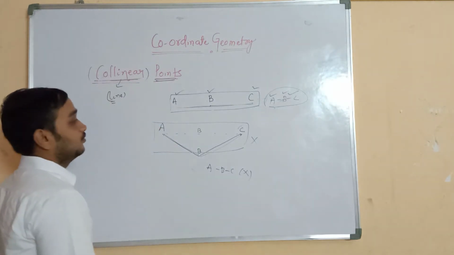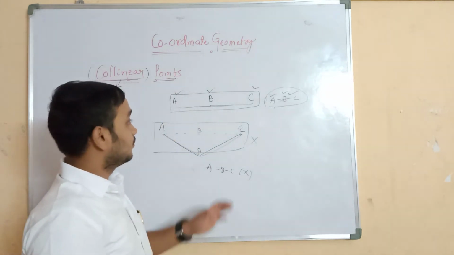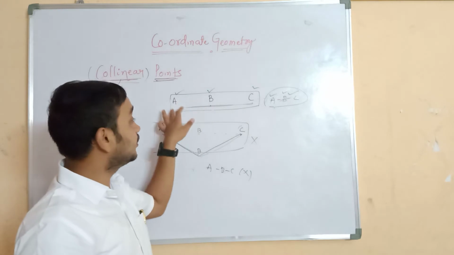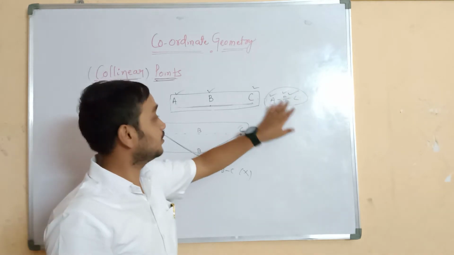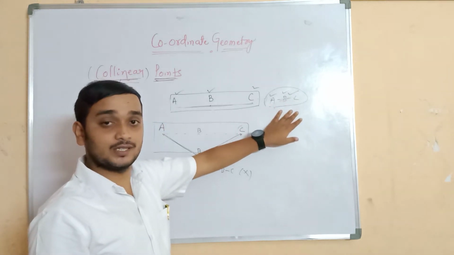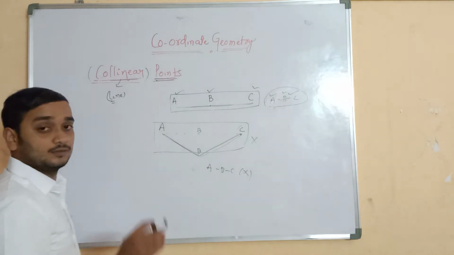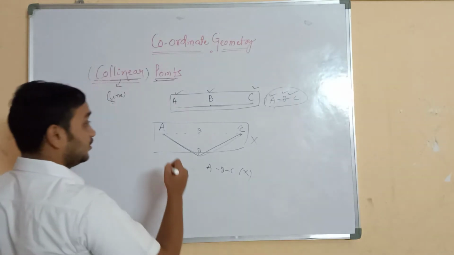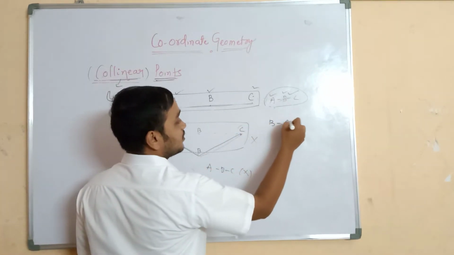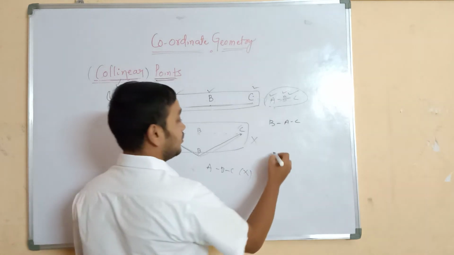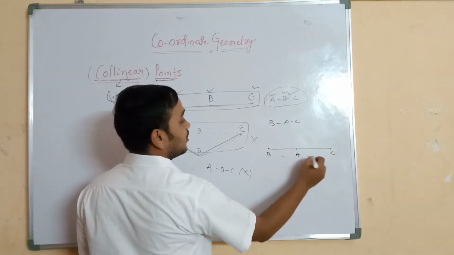Okay. Now we have to prove that 3 points are collinear: A, B, C, A dash B dash C. Take 3 points B, A, C and represent them on one line, in the same order.